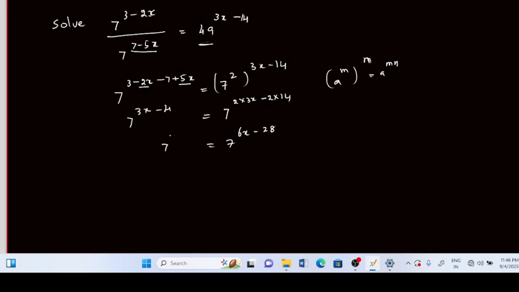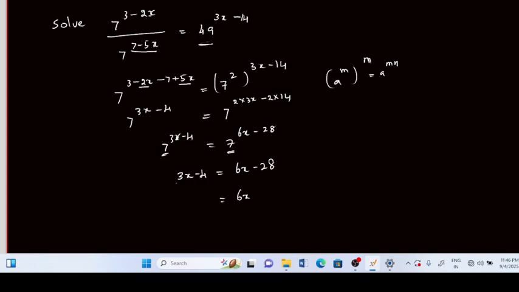Both sides we equate the powers, because the bases are same. We can write it as 3x minus 4 equal to 6x minus 28. The x terms we write on one side, constants on the other side. 6x is the bigger number, so I am keeping it as it is.